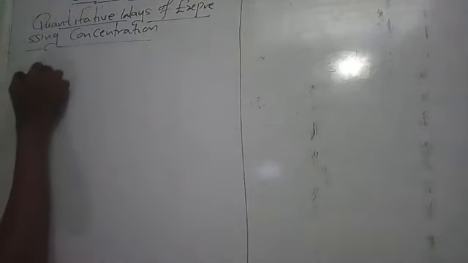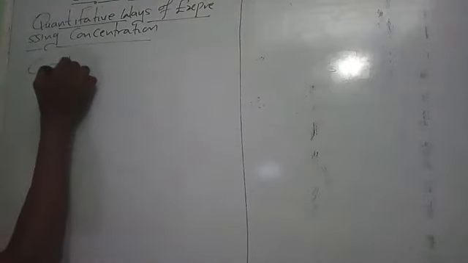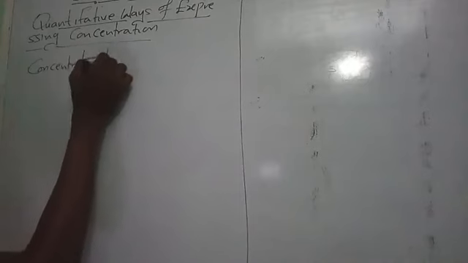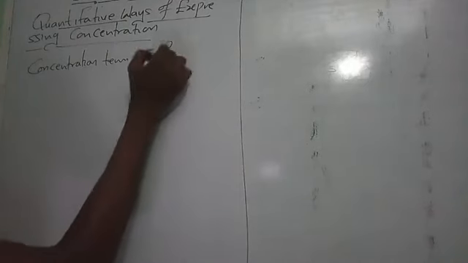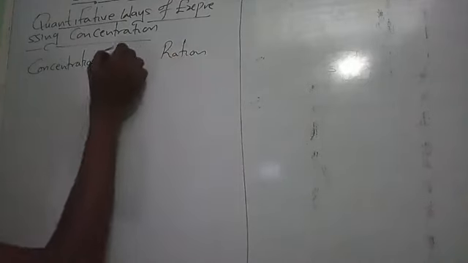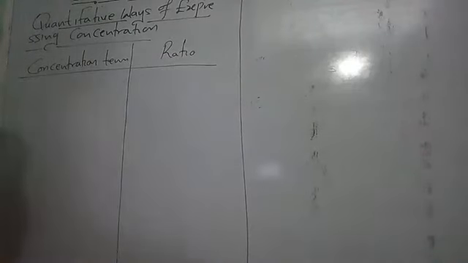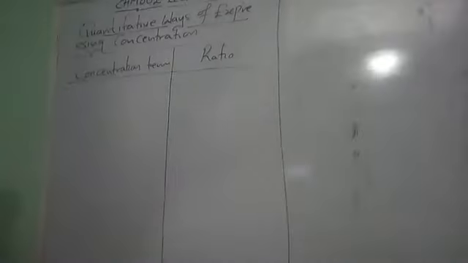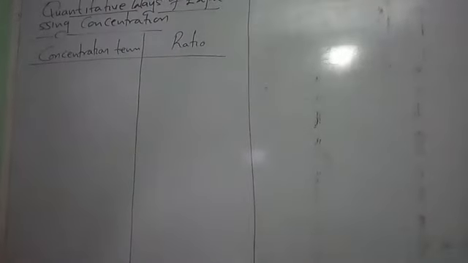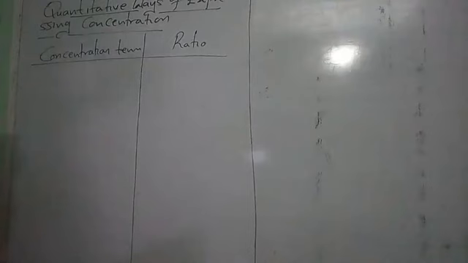I have the concentration term, and I have the ratio. I mean the formula for each of those parameters. I believe it's clear. So the first concentration term I'll be looking at here is molarity.